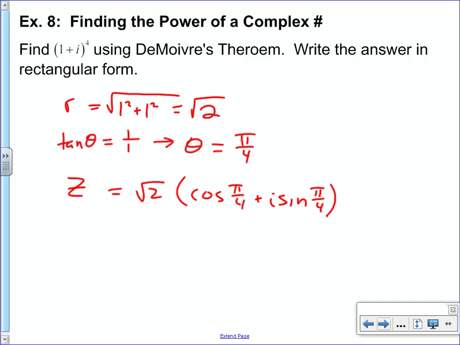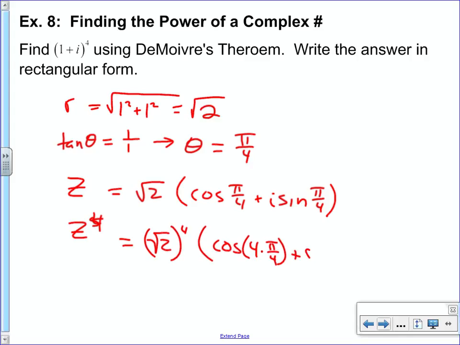And then we're taking that to the 4th power. So z to the 4th power is equal to root 2 to the 4th, cosine 4 times pi over 4 plus i sine 4 times pi over 4.